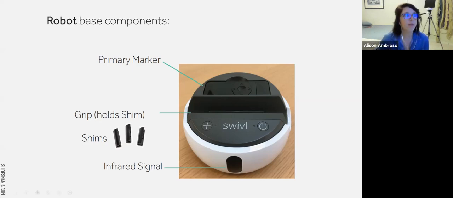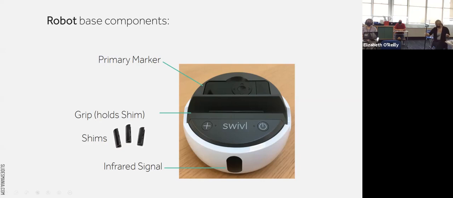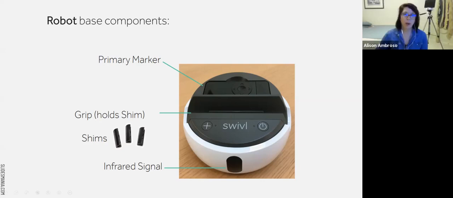Allison, real quick, what is the point of having all the different markers? Great question. Secondary markers can be used for secondary audio sources. So if you want to capture student audio, you can set secondary markers around the classroom.